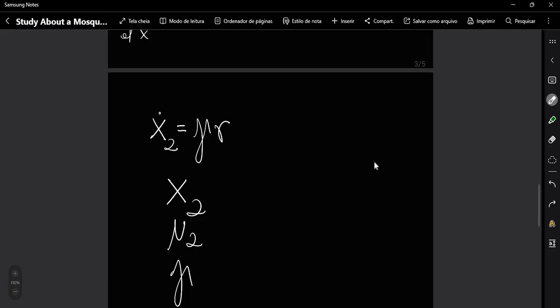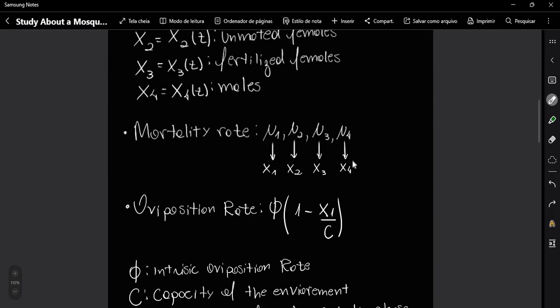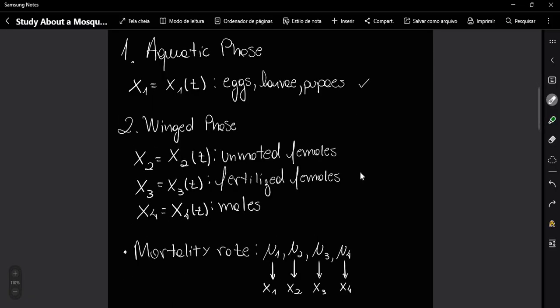And actually right here, we still need to consider X1, because some of the individuals that made it passing from the aquatic phase to the winged phase, we count them right here on this variable. They also represent the population of mosquito, the density of the population of mosquito, which is mated females.